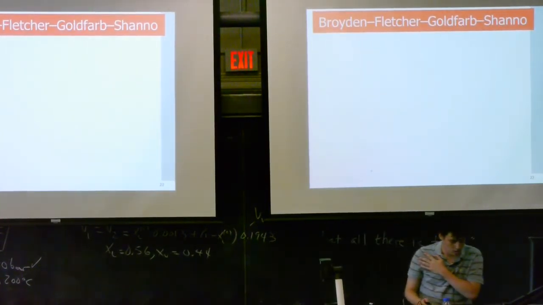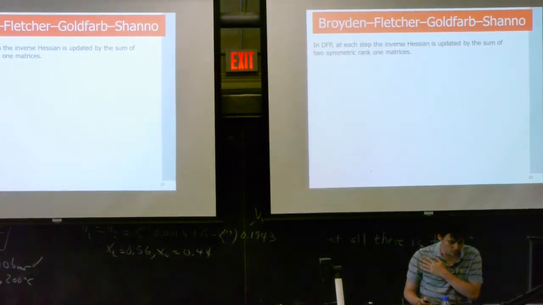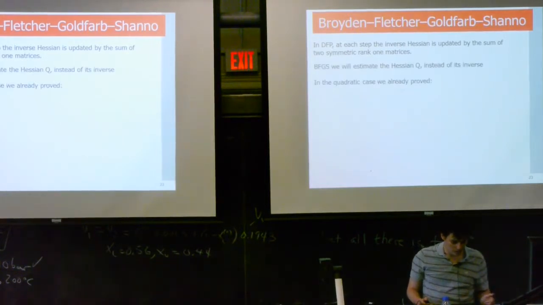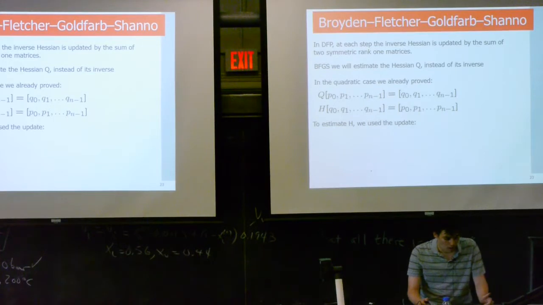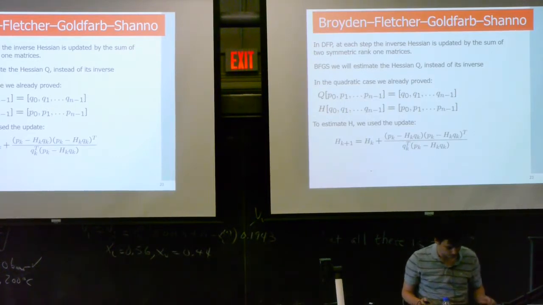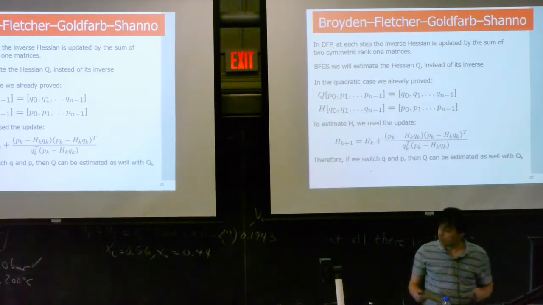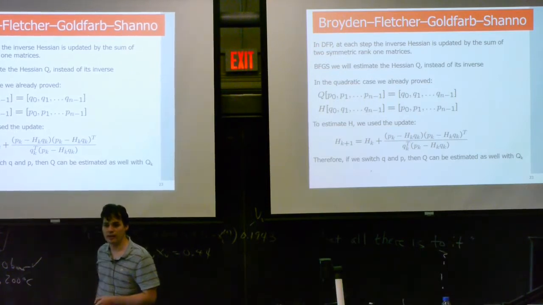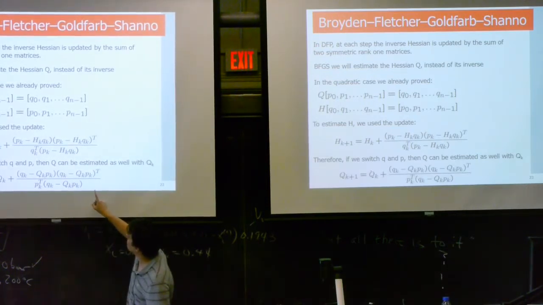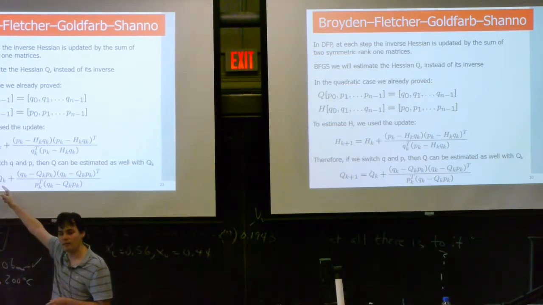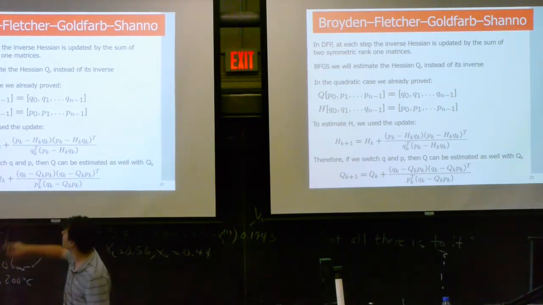And finally, the second method I want to talk about is the BFGS method. It uses a rank 2 correction. The difference between BFGS and DFP is the following. So this is how we updated H in the DFP method, right? However, you can notice now if you switch Q and P, they are kind of symmetric, then you could get an update for the Hessian, not just for the inverse of the Hessian, right?